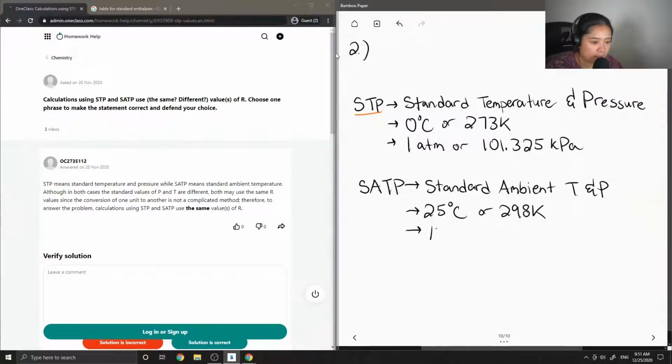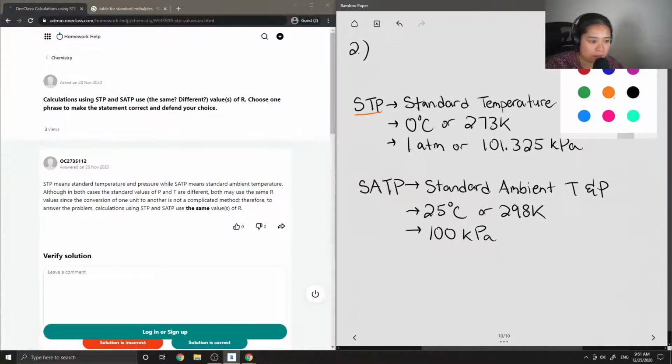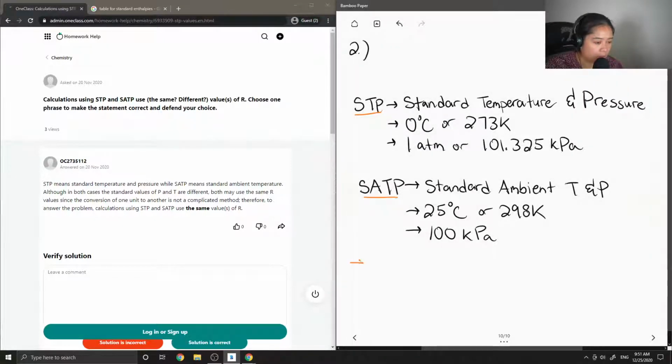And the pressure is around 100 kilopascals. So they actually both use the same value of R when we perform calculations.